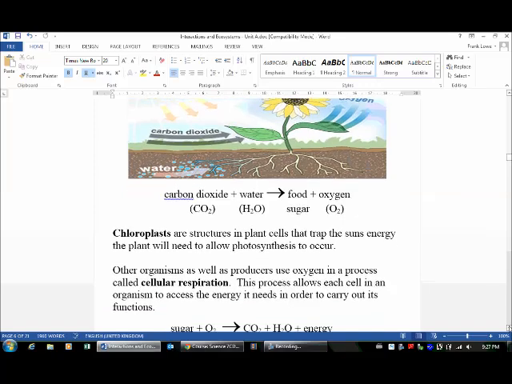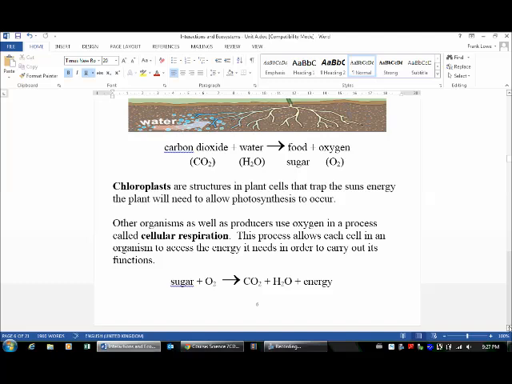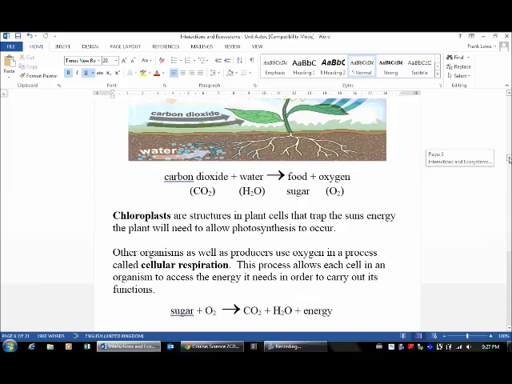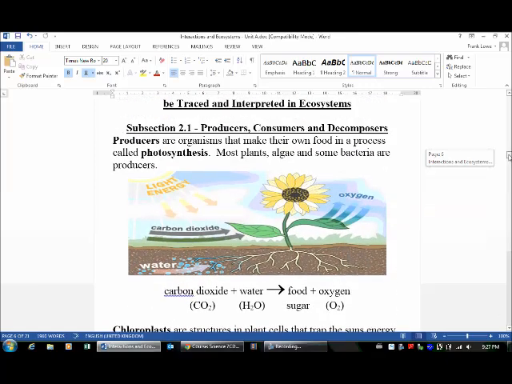Now, it wouldn't be good if I talked about photosynthesis without talking about cellular respiration as well. We are not plants, obviously, most of us. We don't make our own food. Plants make their own food. We are consumers.